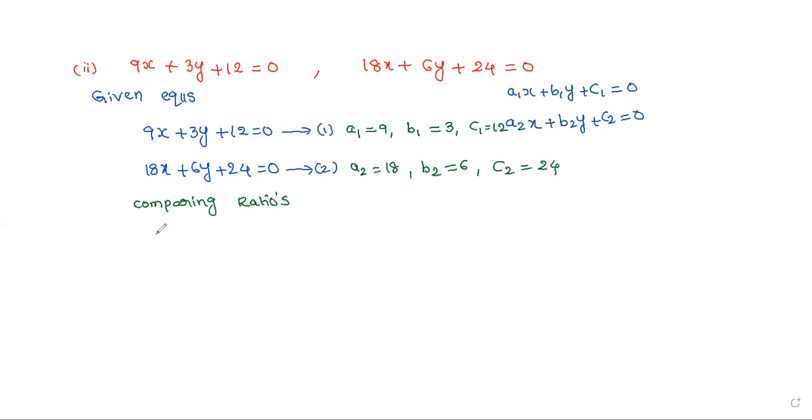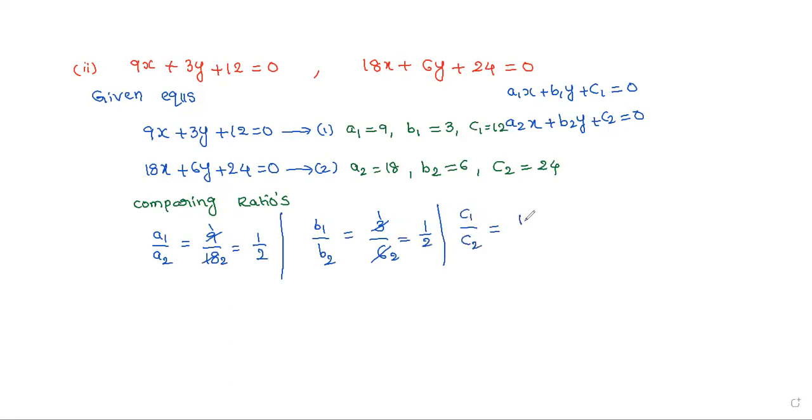A1 by A2, 9 by 18, which is 1 by 2. B1 by B2, 3 by 6, which is 1 by 2. C1 by C2, 12 by 24, which is 1 by 2.